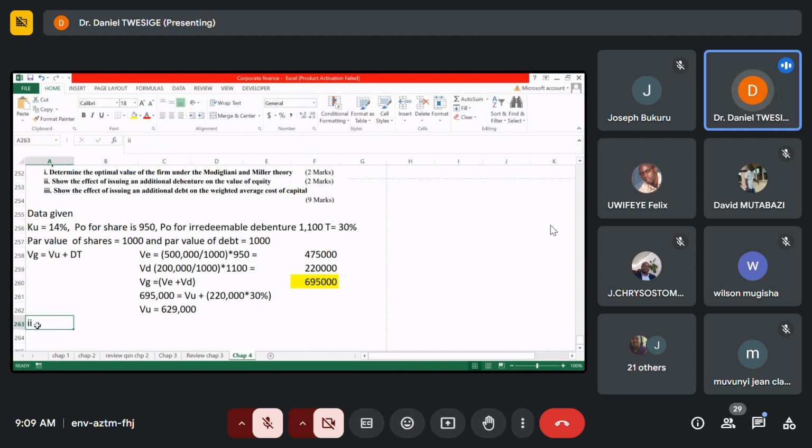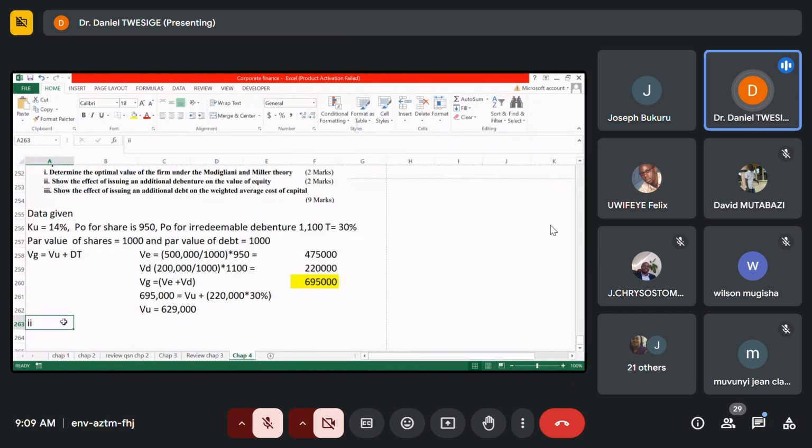Then if you look at part 2, they want us to look at the effect of issuing additional debt. Excuse me. The reason why I'm asking this question, last time we said that the optimal value is where the firm has the minimum WACC. That is traditional. We are in Modigliani.